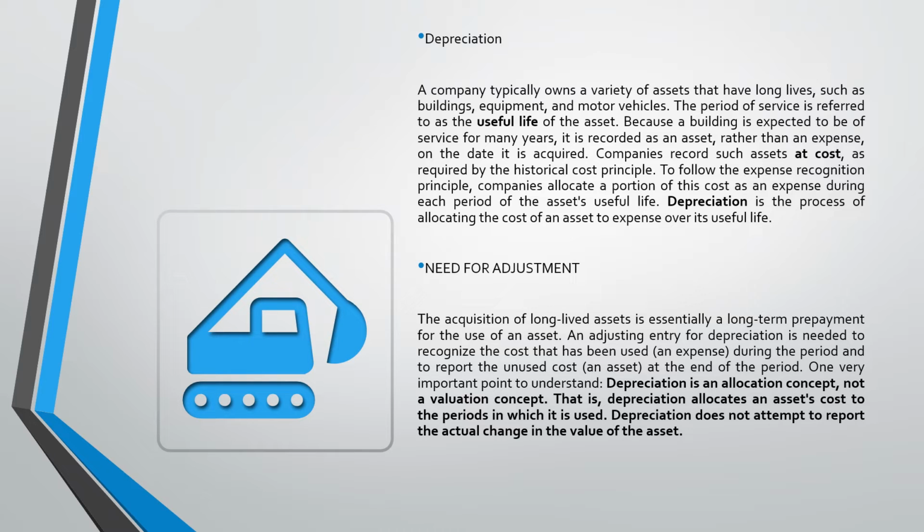The company records such an asset at cost as required by the historical cost principle. To follow the expense recognition principle, companies allocate a portion of the cost as an expense during each period of the asset's useful life. So depreciation is the process of allocating the cost of the asset to expense over its useful life.